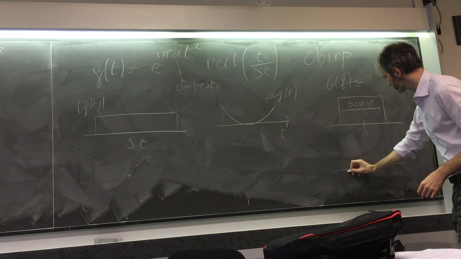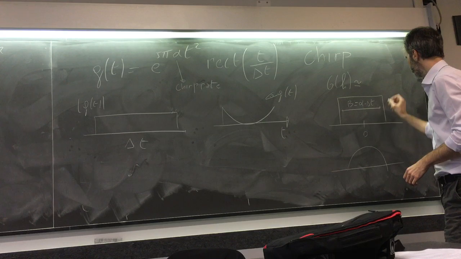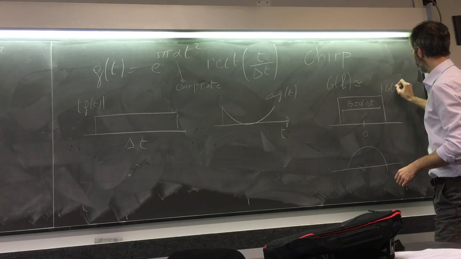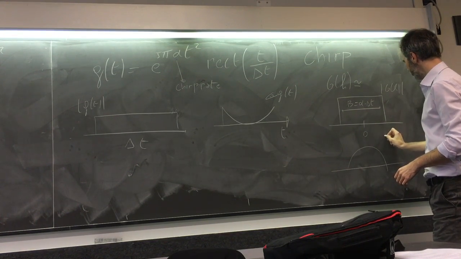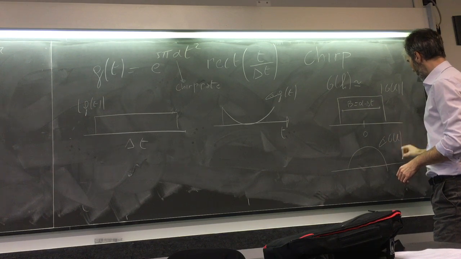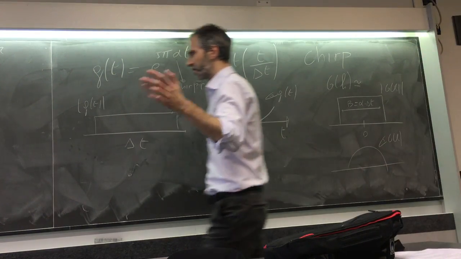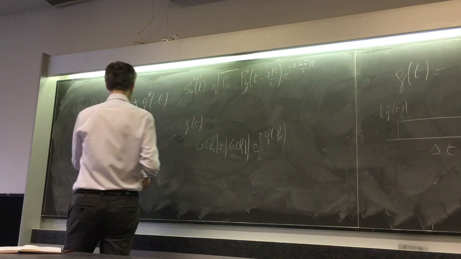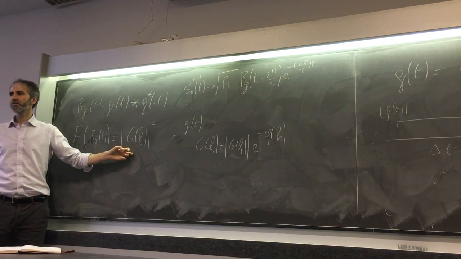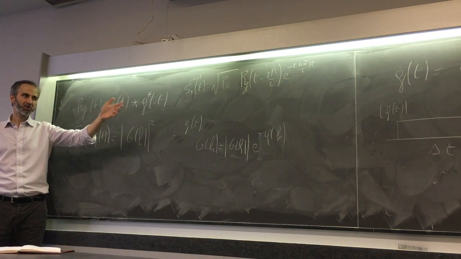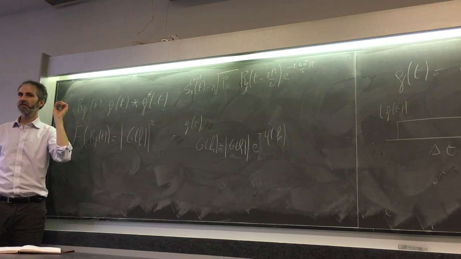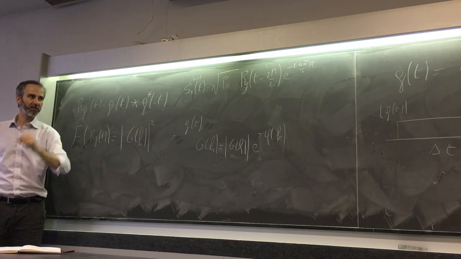This is the absolute value of the Fourier transform, and this is the phase. Of course, the phase doesn't matter here, because when you do matched filtering, it is just cancelled out, and you're left with this magnitude, which is more or less a rectangle with a very large bandwidth.